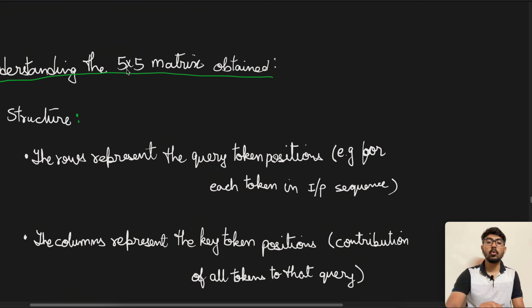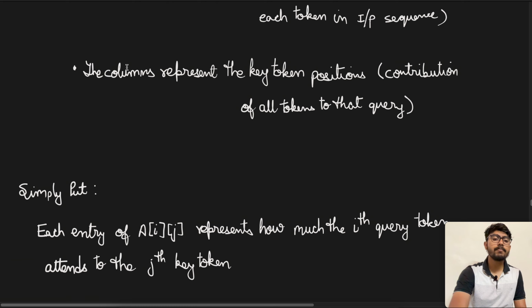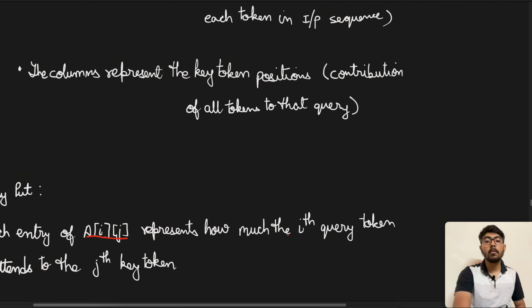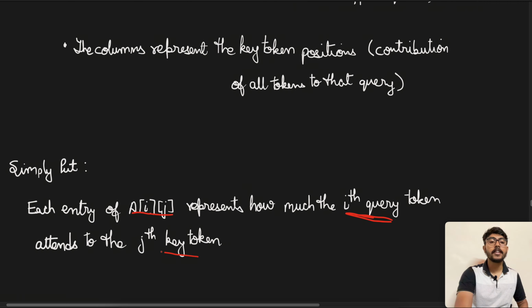So the rows were representing the query token positions and the columns of the matrix will represent the key token positions, and each key token will have its separate contribution for all tokens in that query. So if we try to put it in more simple terms, each entry of Aij, that is the elements of the matrix, represents how much the ith query attends to the jth key token.